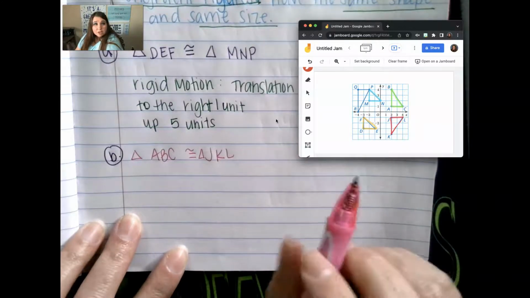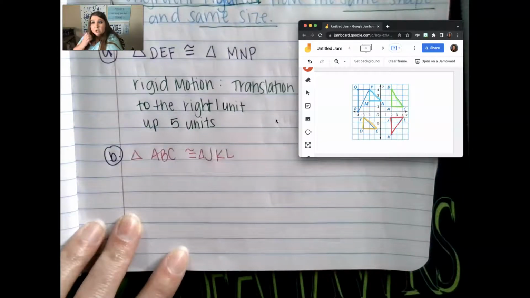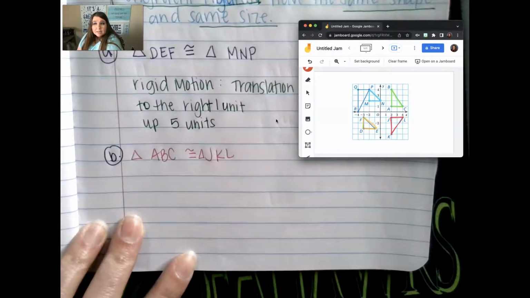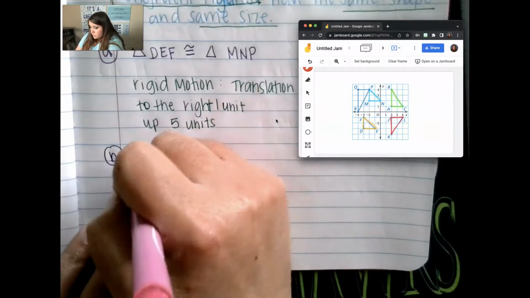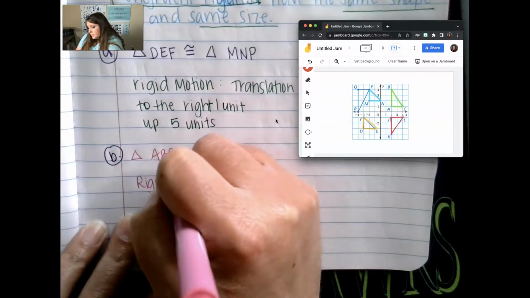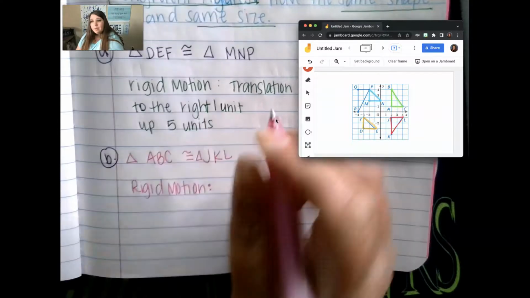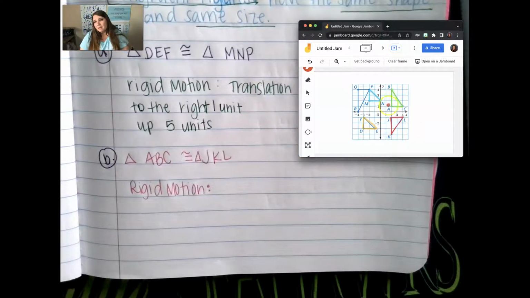They're a 3 by 2 or a 2 by 3, right? So the base is 2 and the height is 3. And we're going to talk about this rigid motion. So our rigid motion is not a translation. Is it a rotation? Did it rotate? No, it's not a rotation.